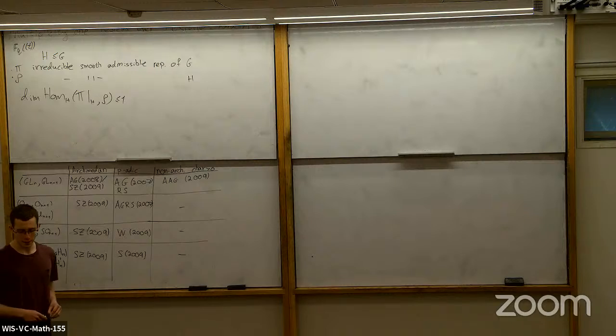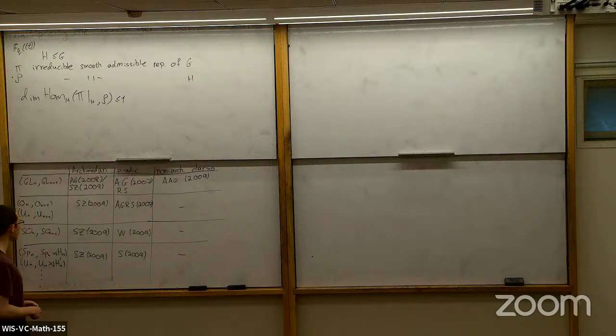And also these kinds of results show uniqueness of Bessel models and uniqueness of Fourier-Jacobi models, by a paper of Gan-Gross and Prasad. I think maybe these three are related to Bessel models, and the last family is related to Fourier-Jacobi models.